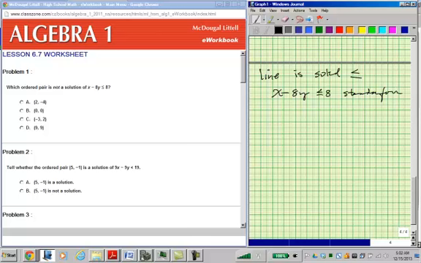Now, to graph the line, graph as if the sentence is an equation. Now we know it's going to be solid, so we don't have to worry about making a dash on it. So in other words, we're going to graph 8x minus 8y equals 8. We're going to graph that.